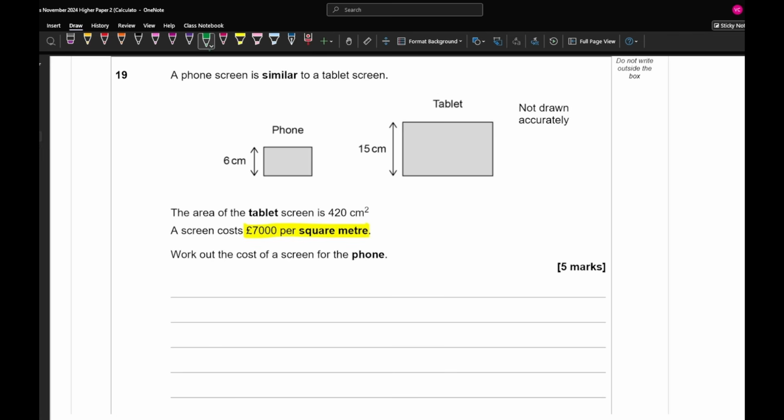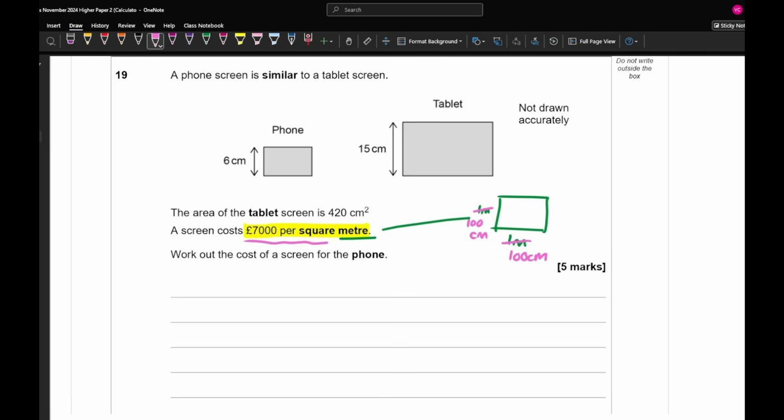Now, to do that, if we look at a square meter, so that's 1 meter by 1 meter. Now, if we want the units to be in centimeters, then what I need to do is convert those meters into centimeters. So 1 meter is the same as 100 centimeters, and this would also be 100 centimeters.